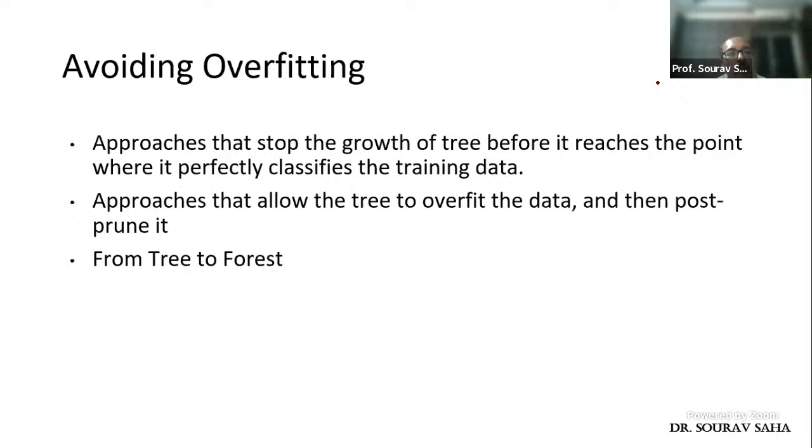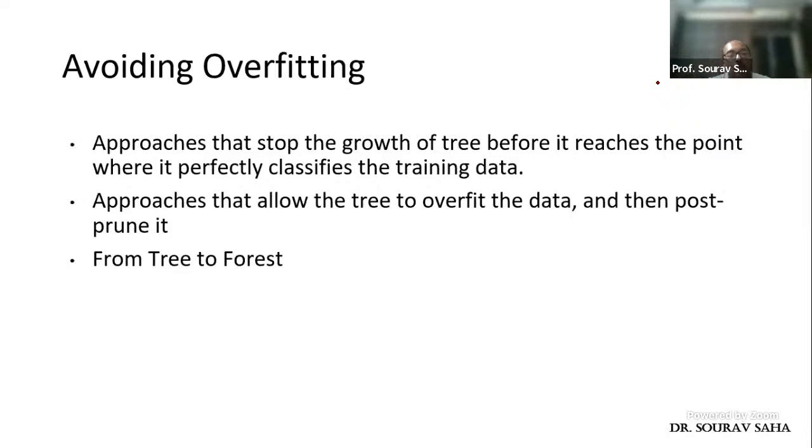When these small trees are being grown, let's say that there are 5 features. So you take out one feature at a time and build those different decision trees. You probably use a subset of the data and then build out those trees. So like that, you will get a variety of trees, right?